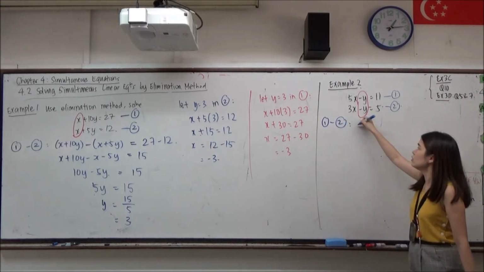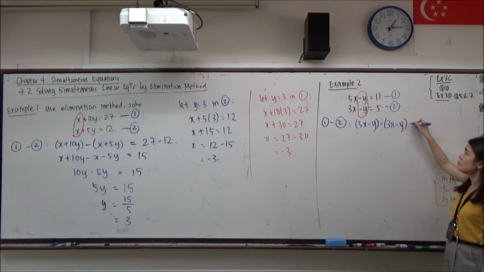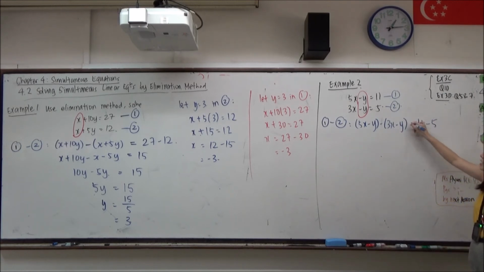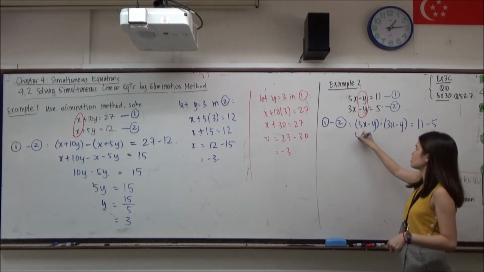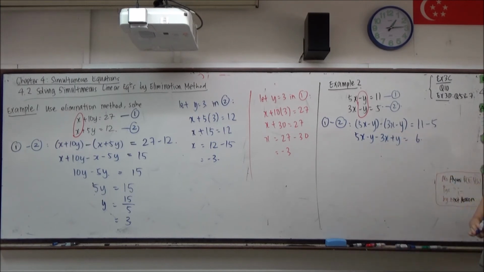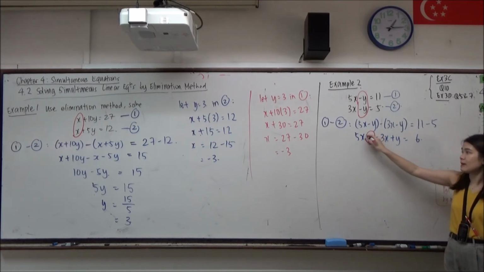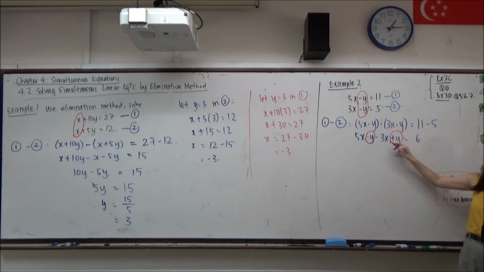Let me show it to you. Left hand side minus left hand side, equals right hand side minus right hand side. Open up the brackets. I will get this. So what do I see over here about the y's? I have this to be minus y, this to be plus y. Do they cancel each other out? What is minus y plus y?